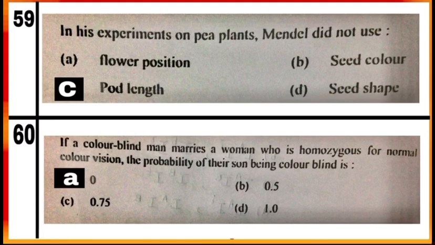So mark C as a correct answer. Question 60. If a colorblind man marries a woman who is homozygous for normal color vision, the probability of their son being colorblind is? In this cross, the probability of their son being colorblind is 0, as mother is homozygous for normal vision. So mark C as a correct answer.